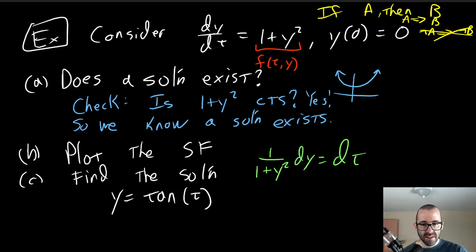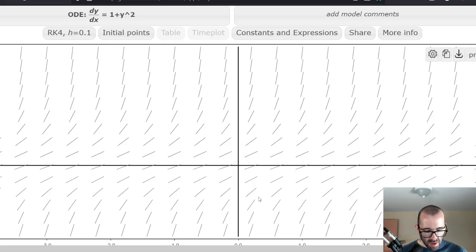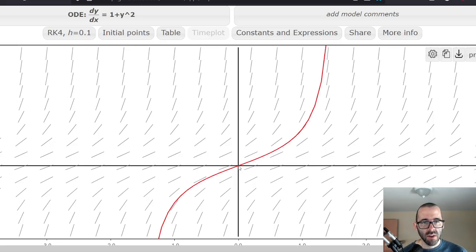In fact, as soon as t is pi over 2, we have some serious problems. That doesn't exist. So we do have a solution, but it only exists for some amount of time. Again, our initial condition was 0, 0. The solution stops existing at pi over 2, and if we have negative time, it stops existing at negative pi over 2.